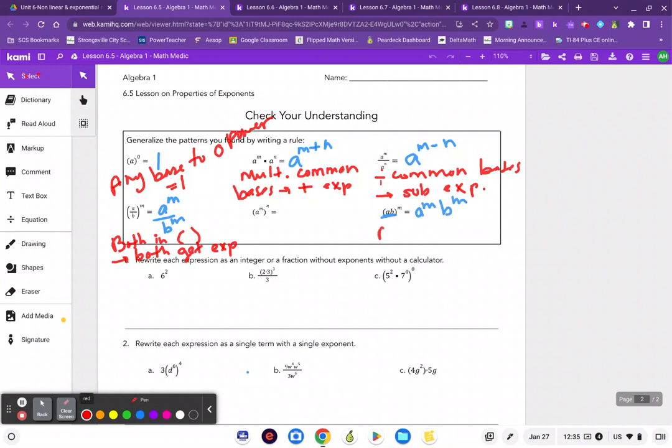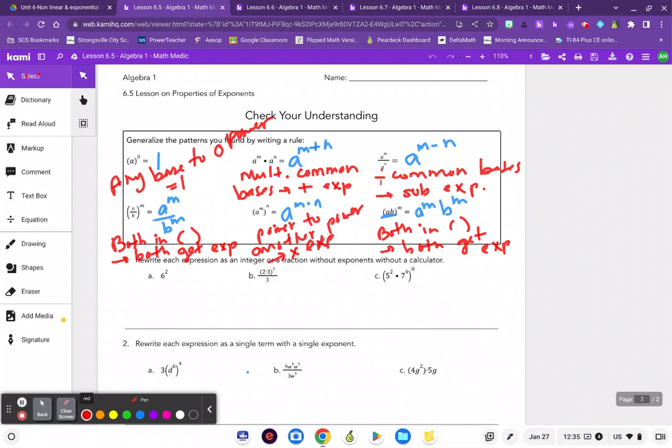Since both are in the parentheses, that means both get the exponent. And so back to this middle one, you have a to the m with an exponent, and then you have that being raised to another exponent, and we say, well, then I'm going to multiply those exponents. And we say this is a power to another power. We are going to multiply exponents.